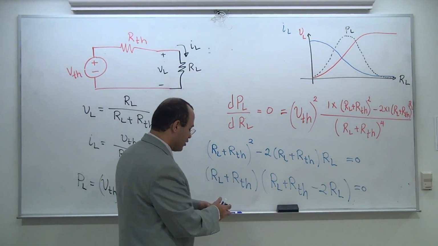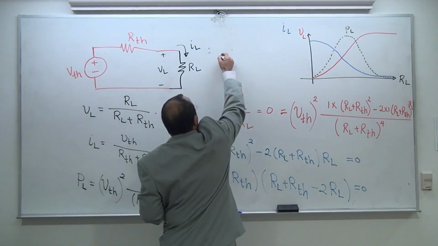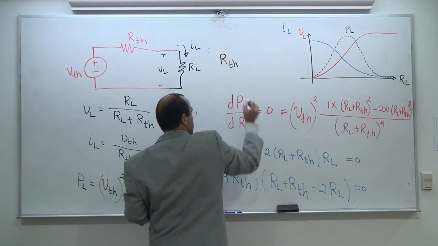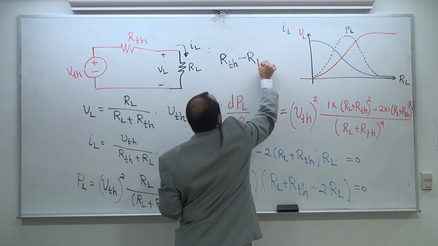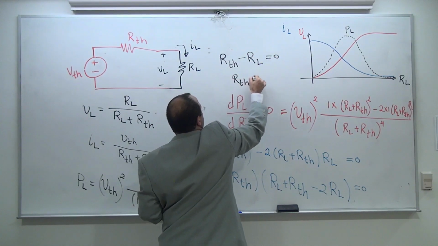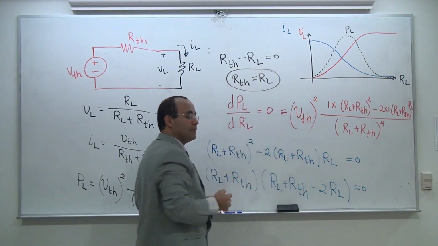This is the bracket which takes me to my destination, and that is to be 0. So let's take a look. R Thevenin plus RL minus 2RL is R Thevenin minus RL, equal to 0. R Thevenin is equal to RL, or RL is equal to R Thevenin.